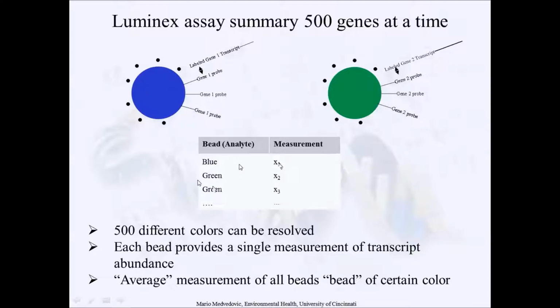So in this case, we have two beads that showed up that were green, one bead that showed up that was blue, and so on. So there are many, many measurements for each sample of these. Finally, the summary measurement for each transcript is constructed by some kind of average of all beads of a certain color, or all beads that were coded with the probe for this particular transcript. So that's how the assay works if we had only 500 genes to measure.